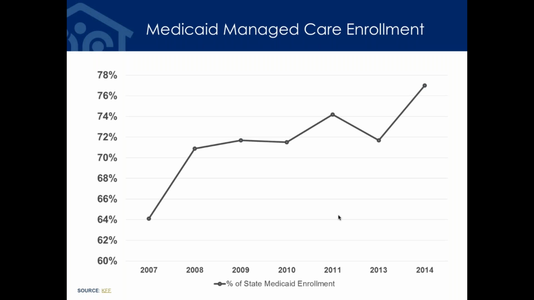So we're seeing the enrollment in managed care increase. I think this is an important note, just because MCOs, those managed care organizations, are playing a bigger and bigger role within the healthcare delivery system at the state level. And so think about what your relationship is with MCOs and what that looks like.